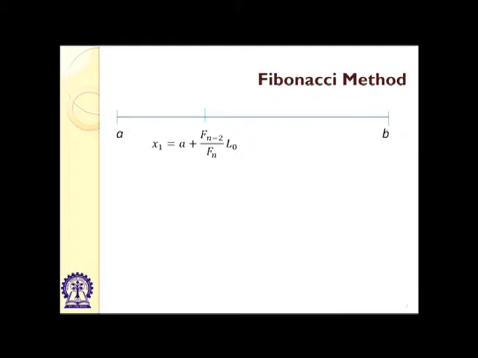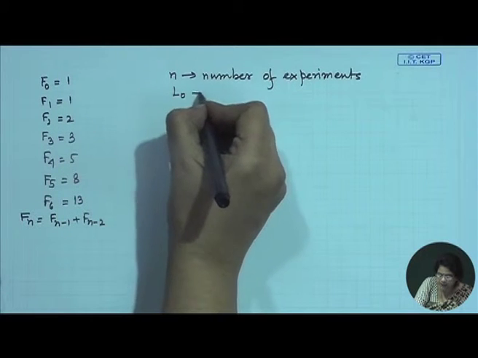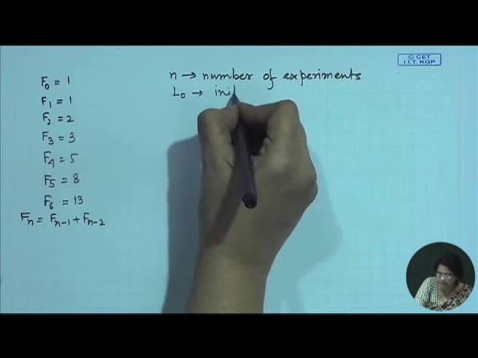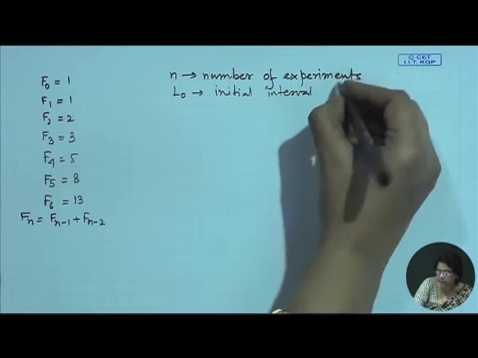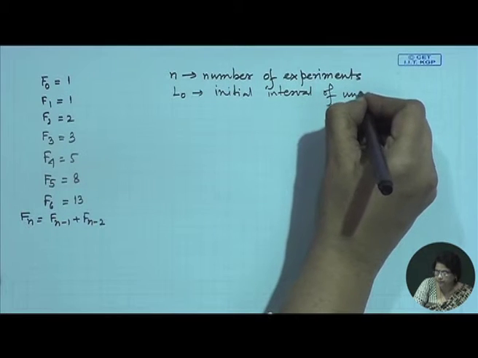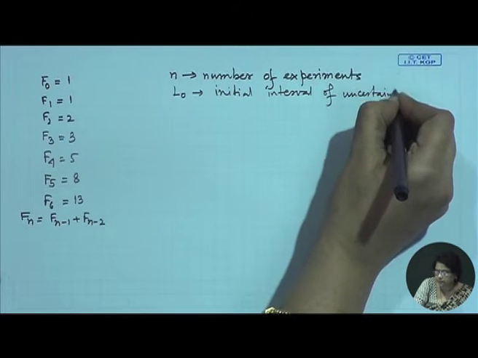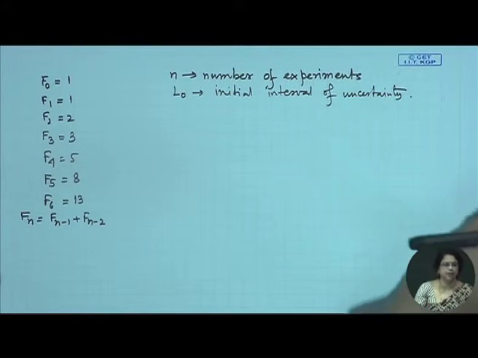That is why the first point would be a plus Fn minus 2 divided by Fn into L naught. L naught is the initial interval of uncertainty, where I know that the optimum may lie. Okay.